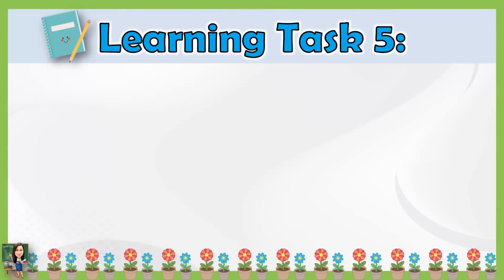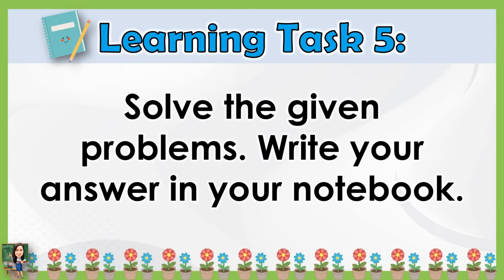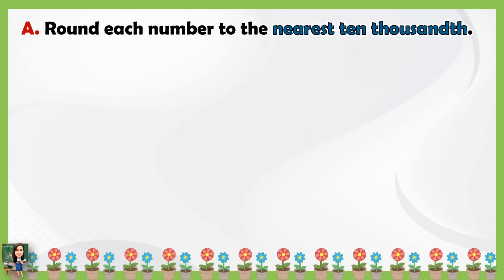And for Learning Task 5, solve the given problems. Write your answer in your notebook. Letter A. Round each number to the nearest 10,000ths. For number 1, the given is 2 and 14,672 hundredths. The number in the nearest 10,000ths place is 7.